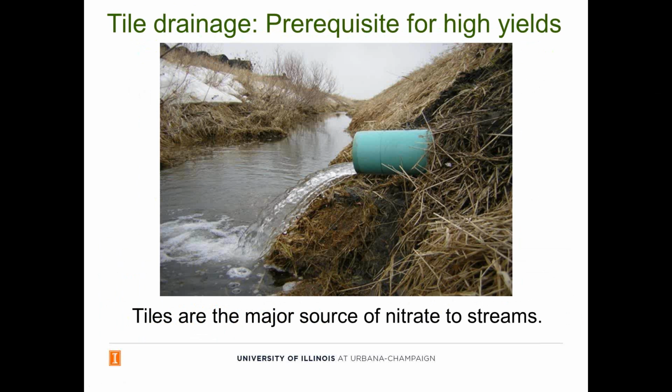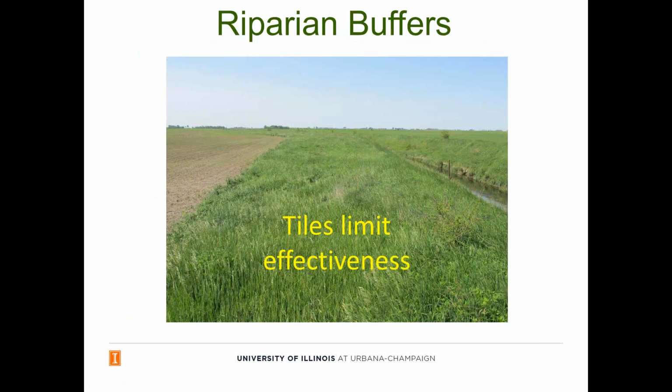When I think of tile drainage, I think of it as a prerequisite for high yields. We need tile drainage in this state because we're so flat, we would be very poorly drained. So on one hand, we can't do without it, but unfortunately tiles are the major source of nitrate to streams.